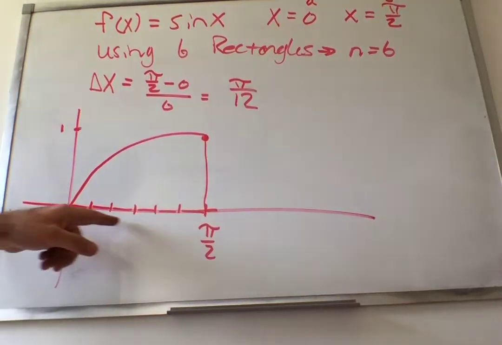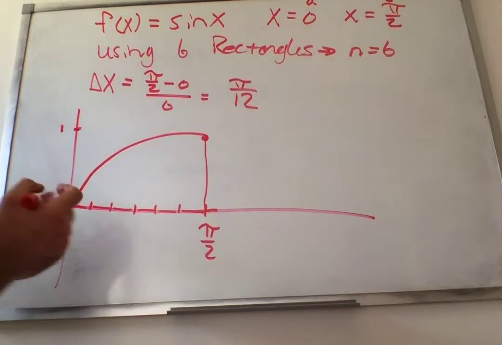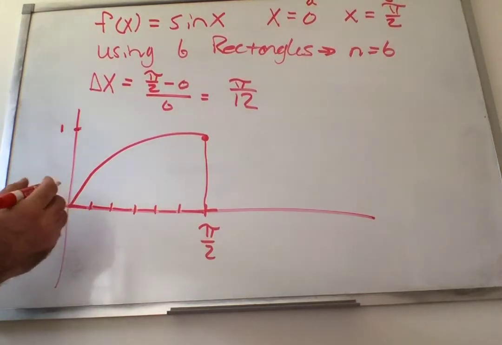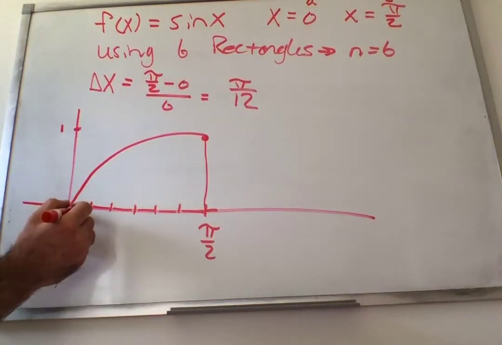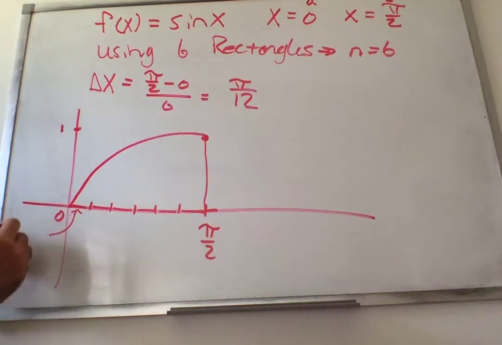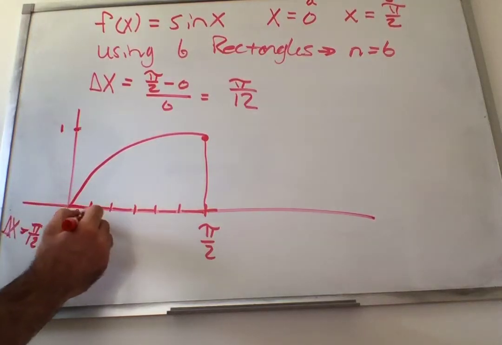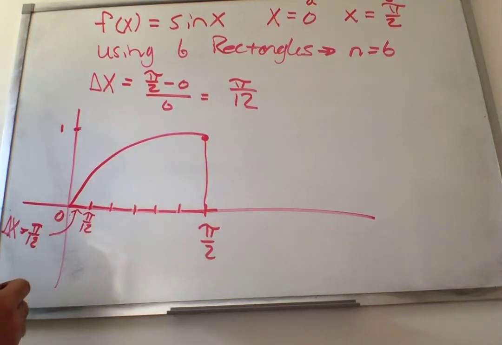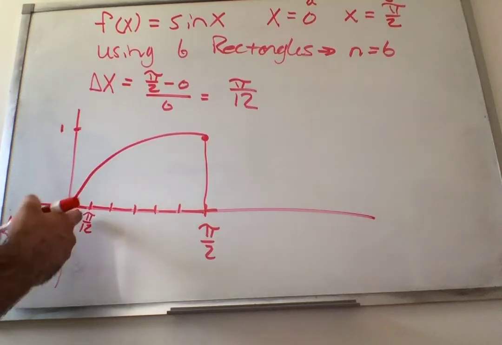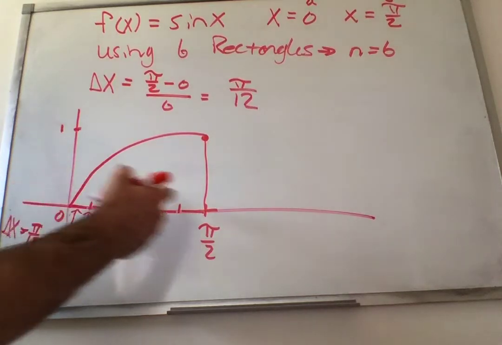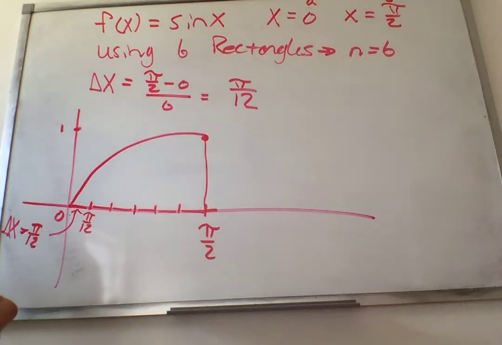Oh, first let's get these values here. So these little distances right here, right there, that's your delta x, which is pi over 12. So 0 plus pi over 12 is pi over 12. And then you could just keep going and adding pi over 12 to itself until you get up to pi over 2.